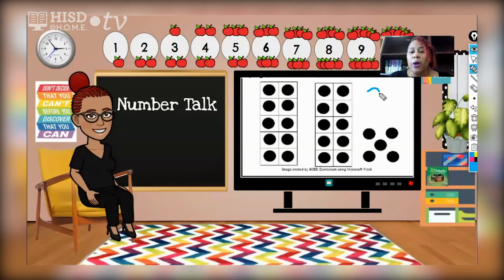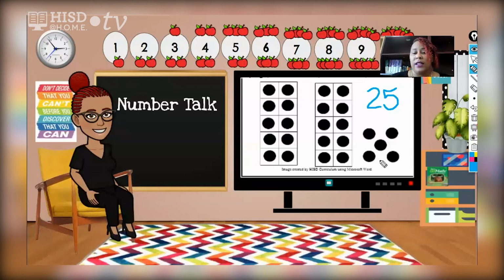Here we see the number 25. And I'm going to write 25 with the digits 2 and 5. But how did you come up with 25? Did you have to count each dot to get to 25?